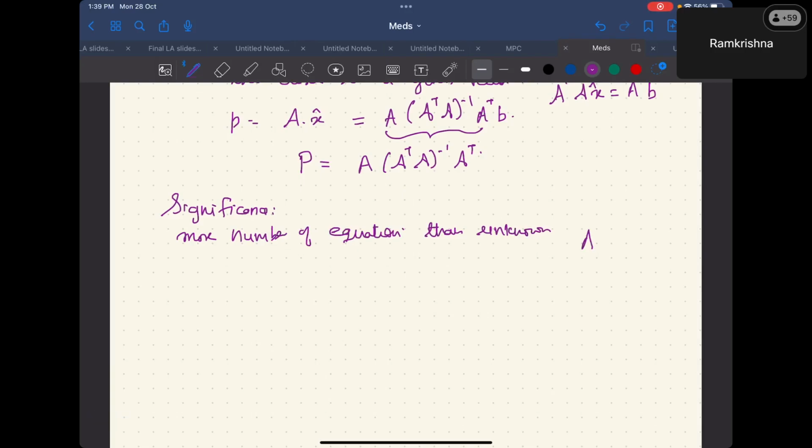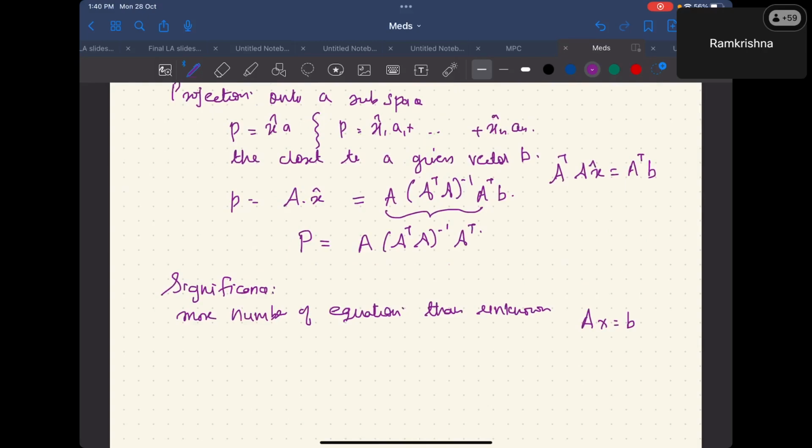So I'm looking at Ax equal to B. There is no x which satisfies this relation that Ax is equal to B. So in that case, we are looking at the solution which is closest to B, and that has an implication when looking at solutions of equations. So this is the least squares approximation that we had looked upon.